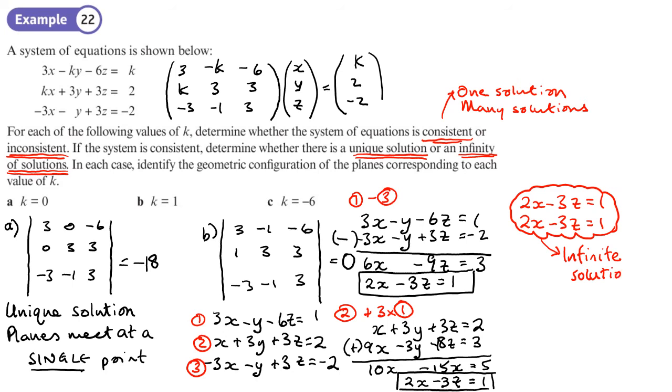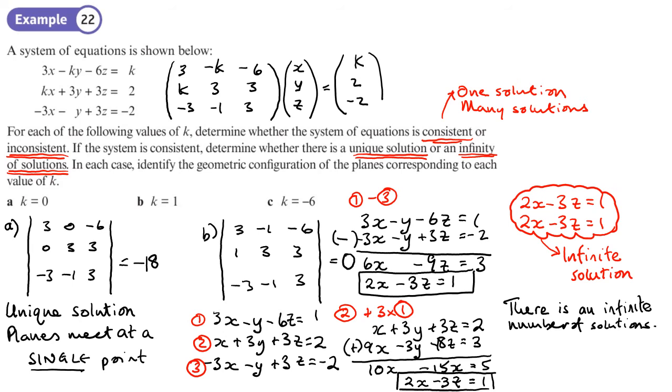So there is a solution to all three equations, but this time, because there's an infinite number of solutions to all three equations, we have a sheaf. Now we also need to say that the equations are consistent, because all three can be solved, not just pairs of them. So it's an infinite number of solutions.